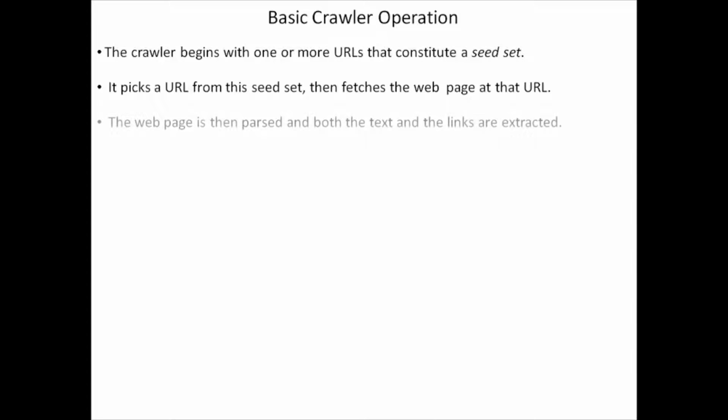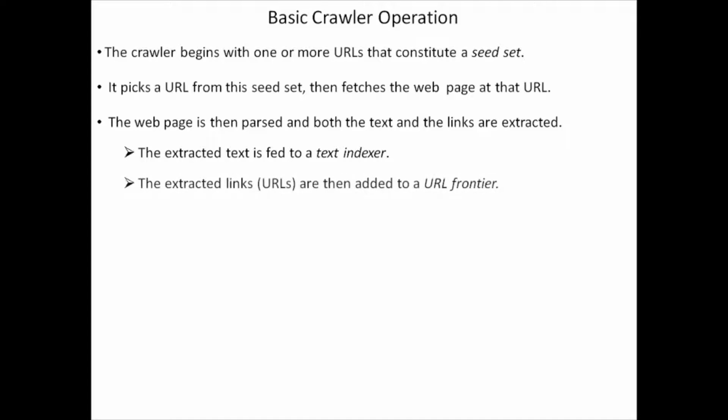After fetching, the web page is given for parsing, and after parsing both the text and the links are extracted. The extracted text is fed to the text indexer, and the extracted links or URLs are then added to the URL frontier. The URL frontier is implemented using FIFO queues. It is a first in, first out mechanism.